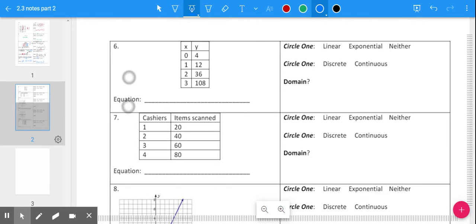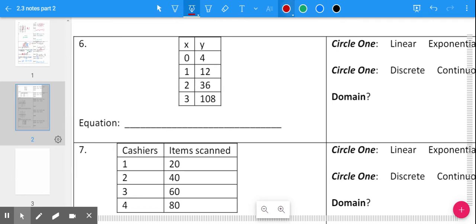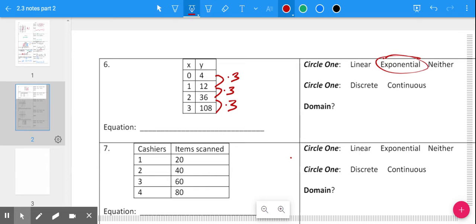On to the back. This one we have, I know that 4 plus 8 is 12, but 12 plus 8 is not 36. So another way to look at this is by multiplying by 3, which does work the whole way through, which means this is exponential. Because there's no context, we assume that it's continuous.